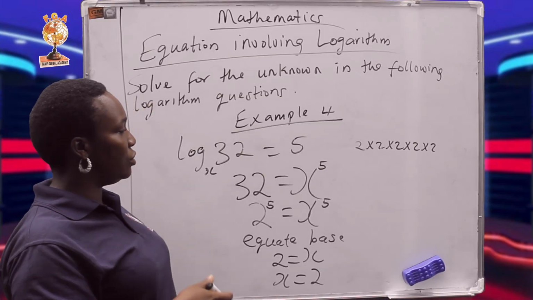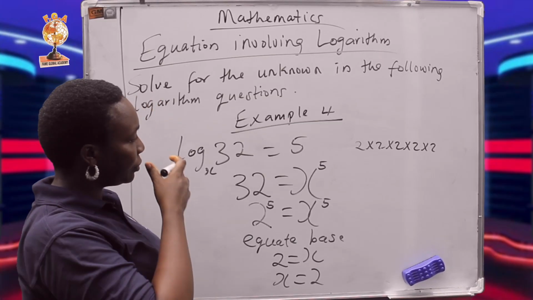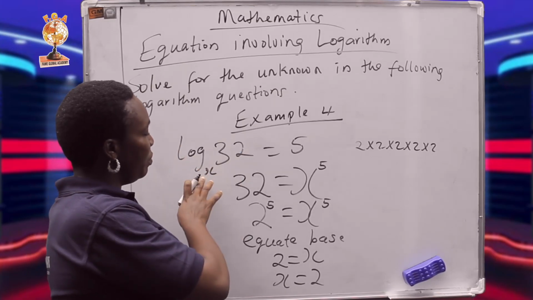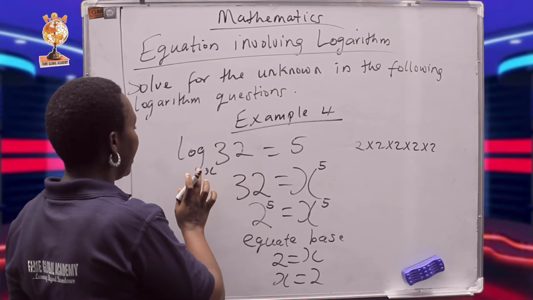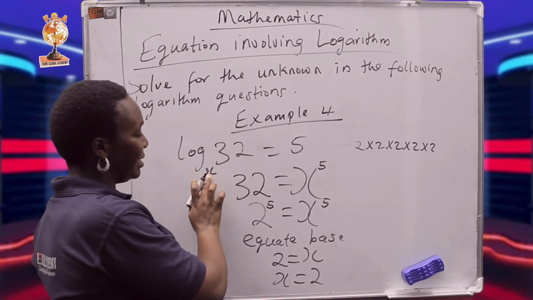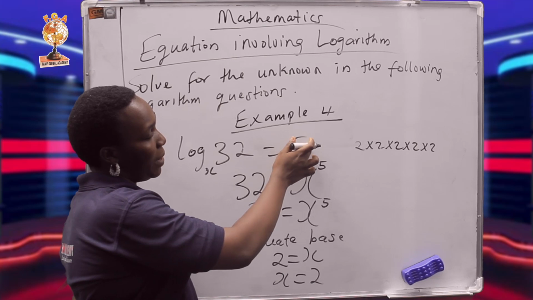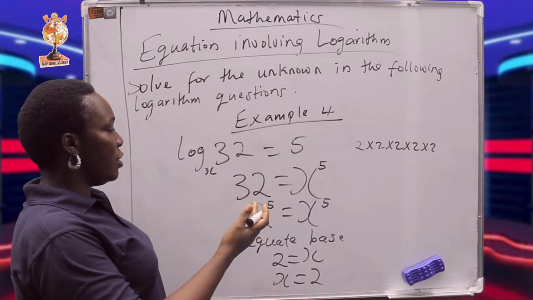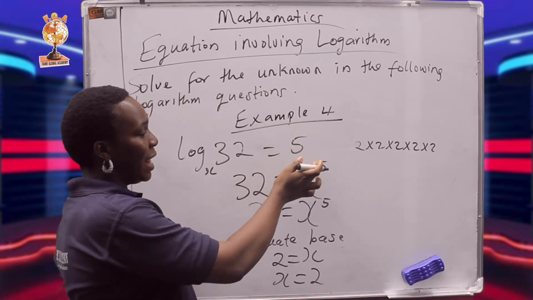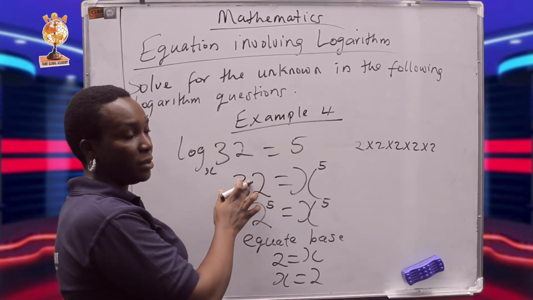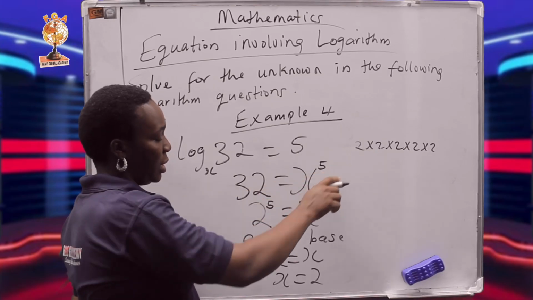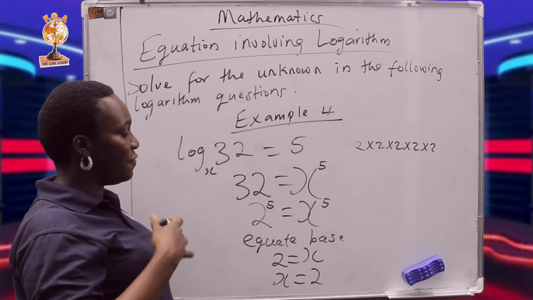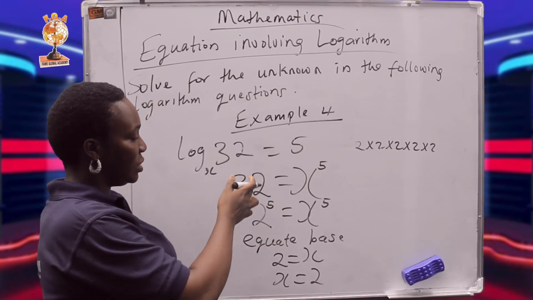Okay, let's just go through it one more time. Say log 32 base x is equal to 5. Your 32 is equal to your x, which is the base, raised to the power of 5. And you look for a number that will multiply itself 5 times to give you 32. And that number is what? 2, just like what we did here. So 2 multiplying itself 5 times will give us what? 32.